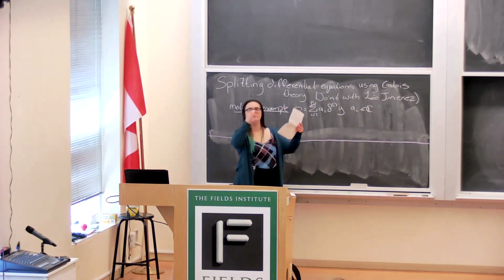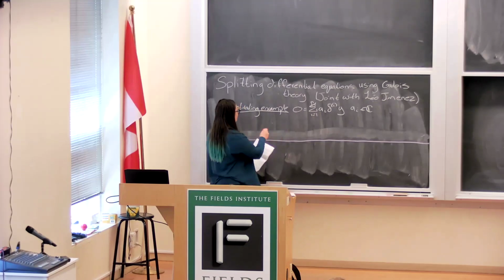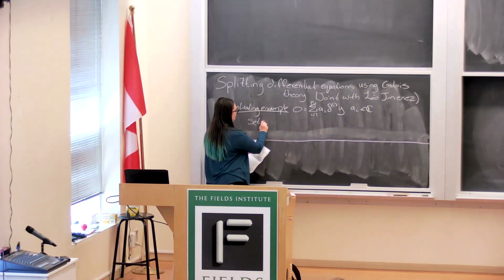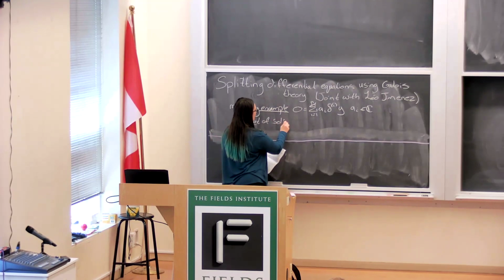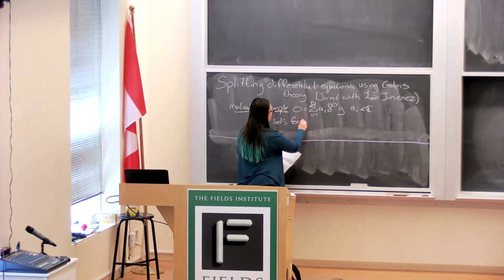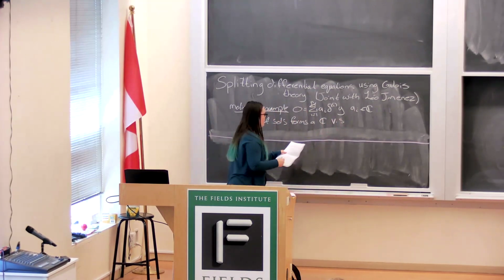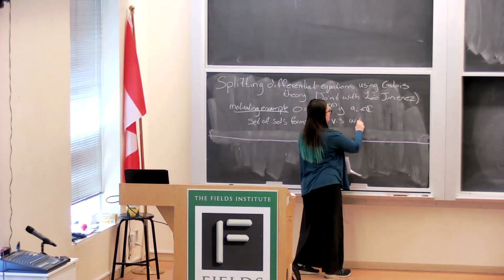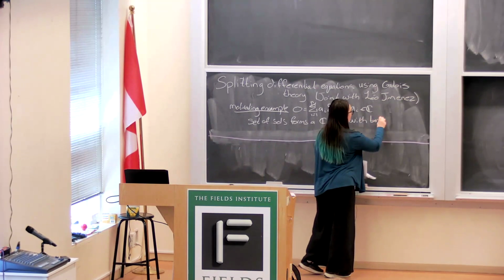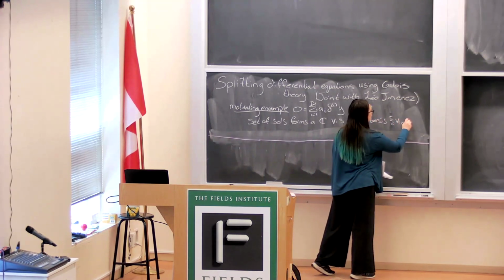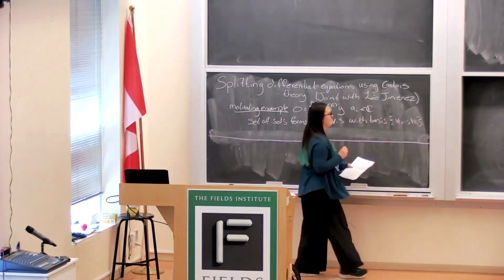And delta is some formal derivation, then its set of solutions forms a C vector space with basis v1 up to vk, say.